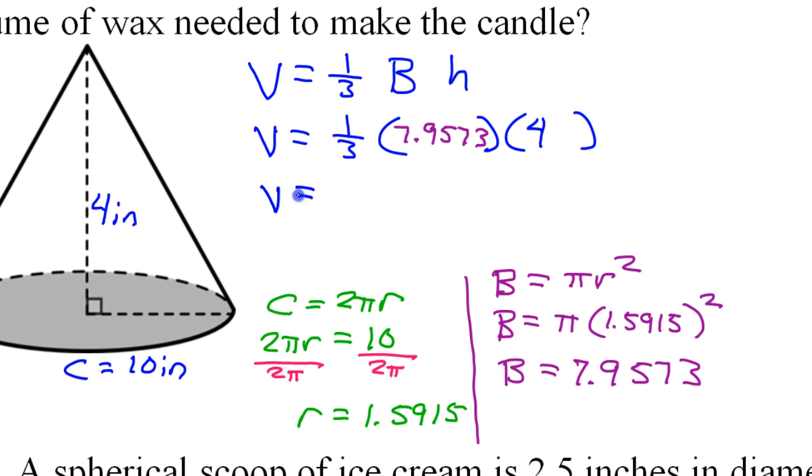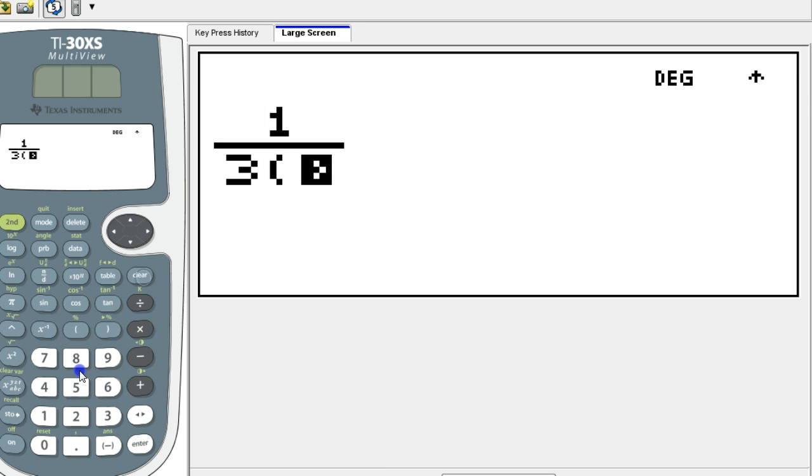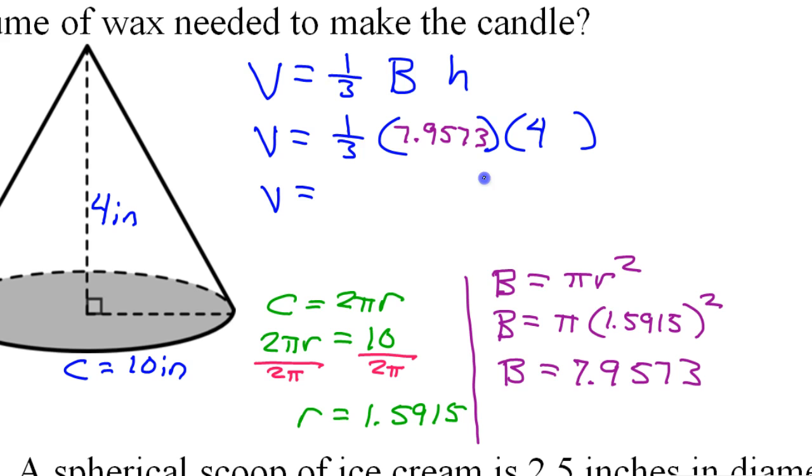Very complicated. So 1/3 times 7.9573 times 4.